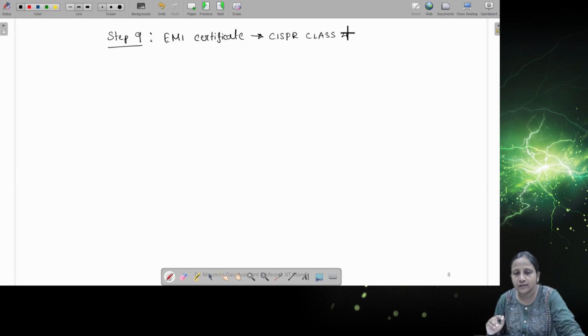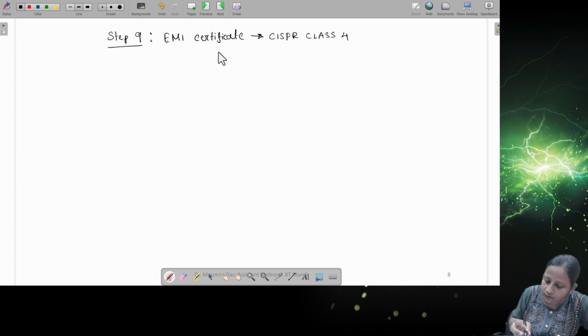As you have seen, as you go towards class 5, the filter requirement is much higher as the attenuation is much higher, so the system will have much less noise. If it is class 1, noise will be much higher. If you go towards 5, noise will be much less.